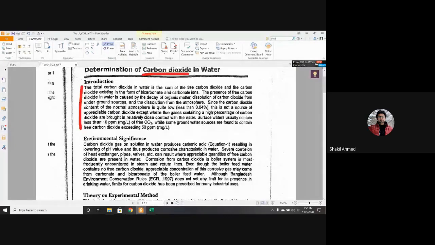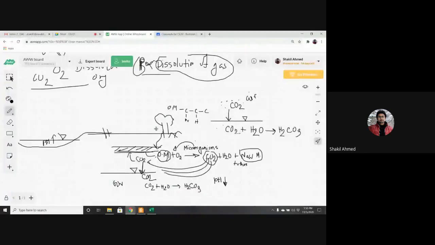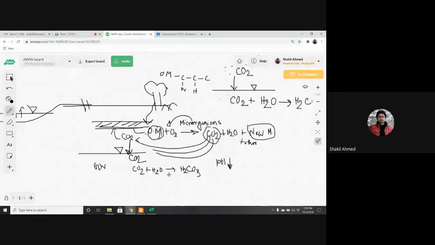So that's what they're telling here. The total carbon dioxide in water is the sum of free carbon dioxide and the carbon dioxide existing in the form of bicarbonate and carbonate ions. You know, this CO2 plus H2O can give what? Bicarbonate ion plus hydrogen ion.